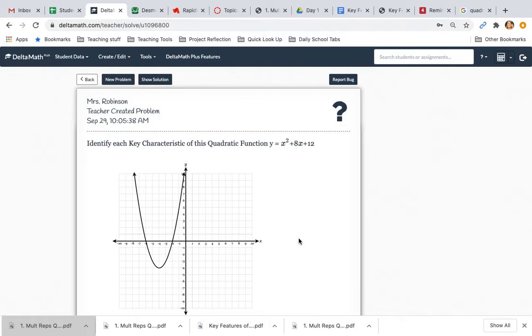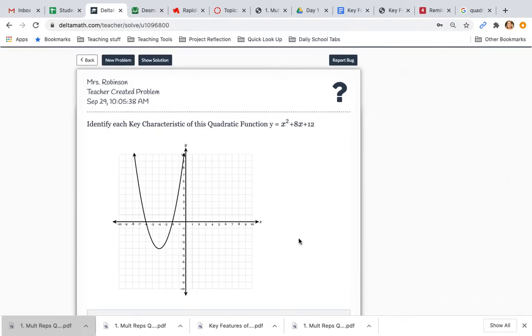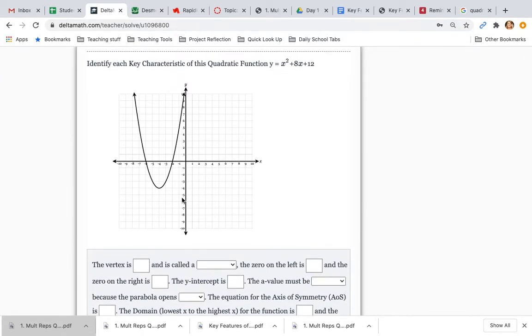So when looking at this, what are some things we know? We know that it opens up. So think about what we just learned about what it means when our parabola opens up. We can see that we have a vertex down here. If we were to look at our notes, you're to decide if it is a maximum or minimum.